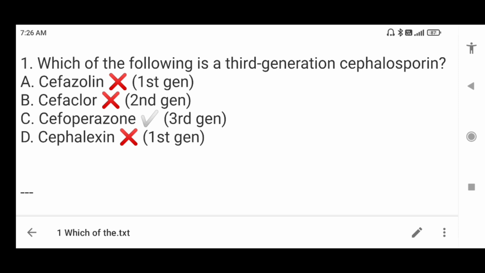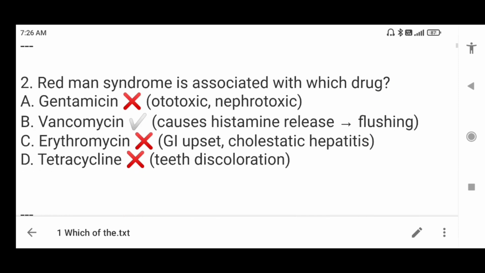Red man syndrome is associated with which drug? Vancomycin causes histamine release. Red man syndrome is associated with vancomycin.